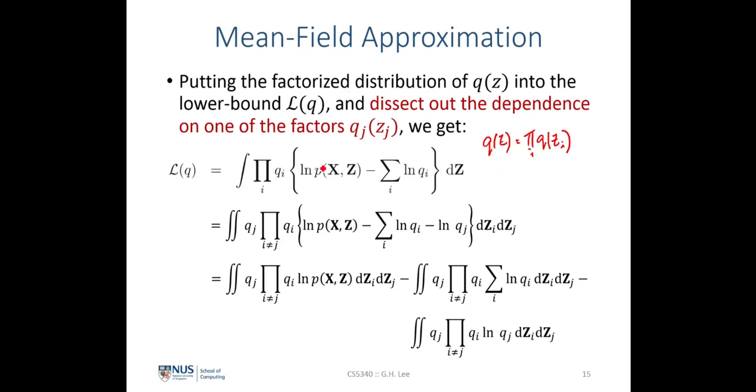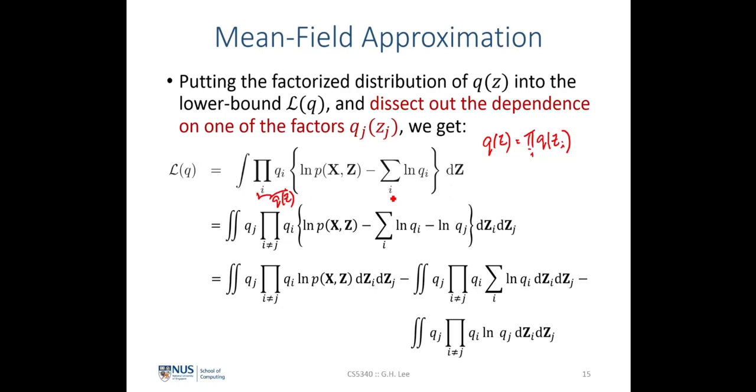And we are going to plug this into the lower bound expression that we have seen in the previous slide, which we will end up getting this particular expression over here, where simply this product over qi's represents q of z according to the mean field approximation theorem.